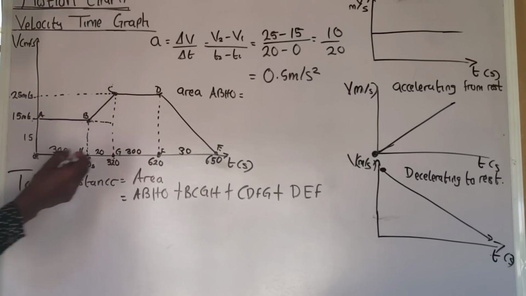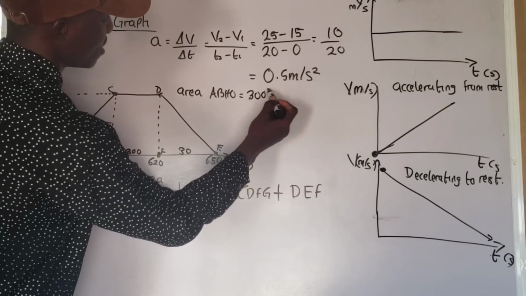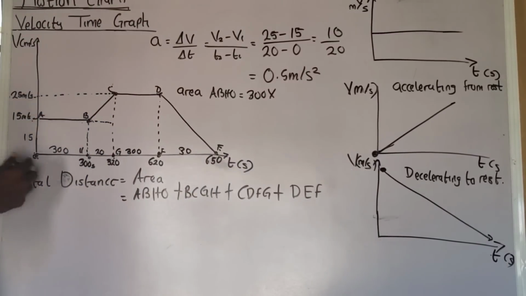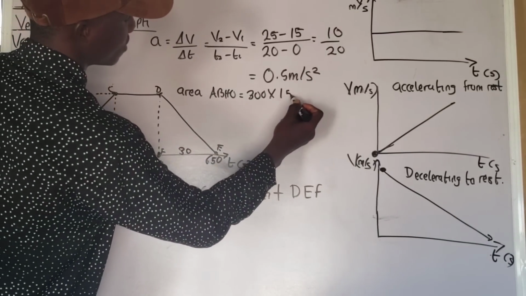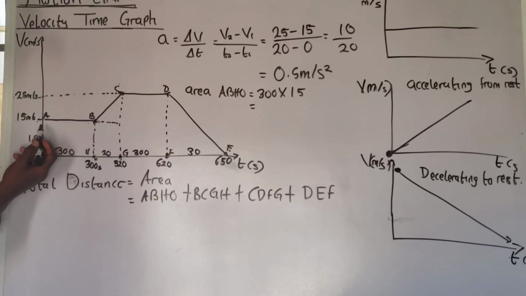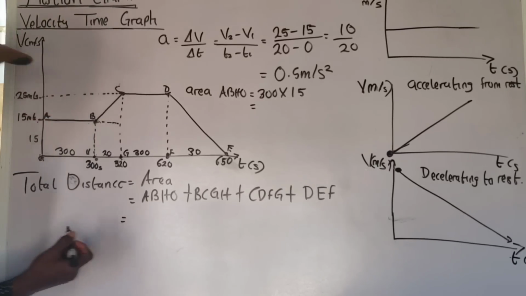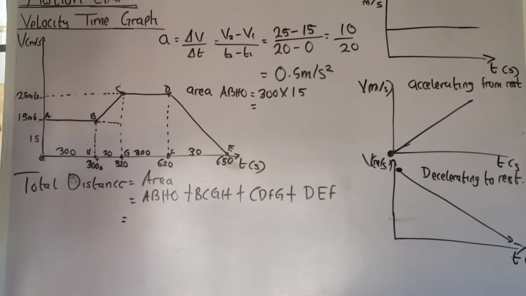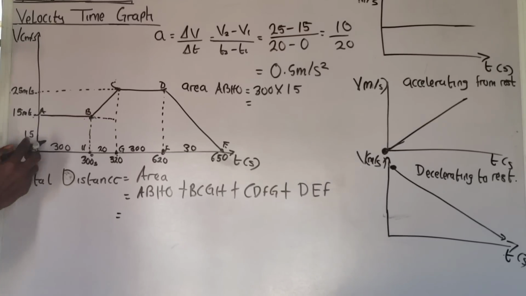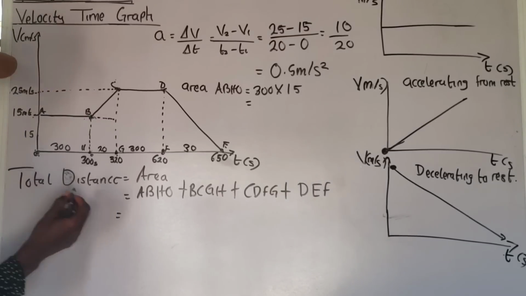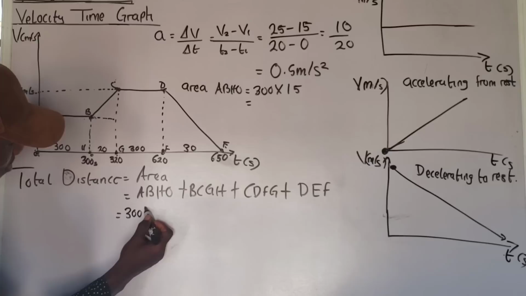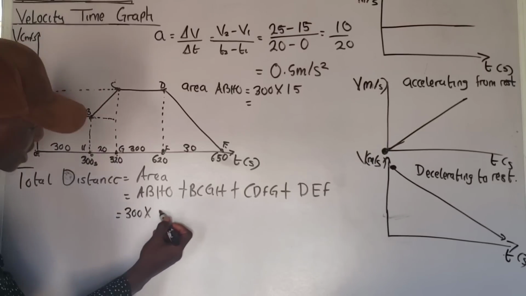So I'm going to have 300 multiplied by the breadth, which is 15. Area of ABHO is length times breadth, that will be 300 multiplied by 15.